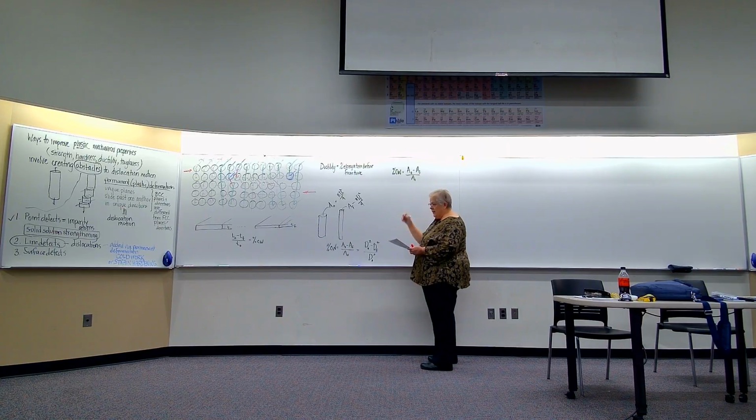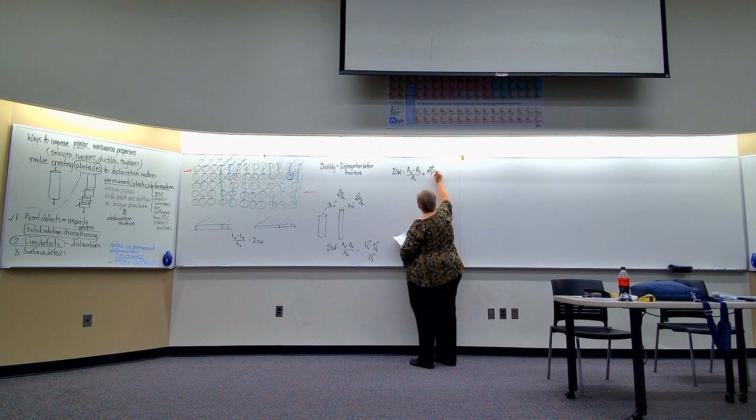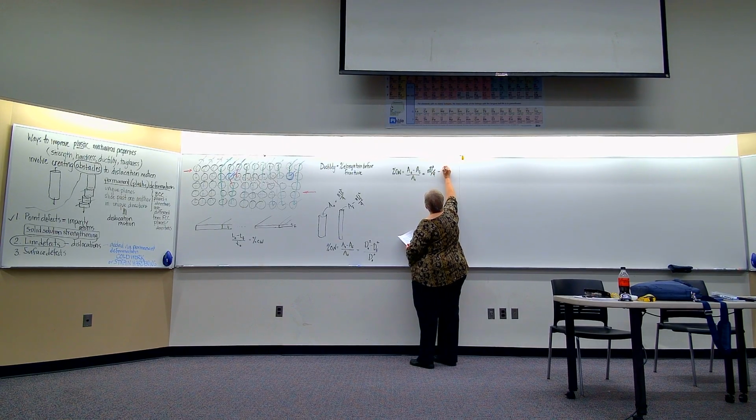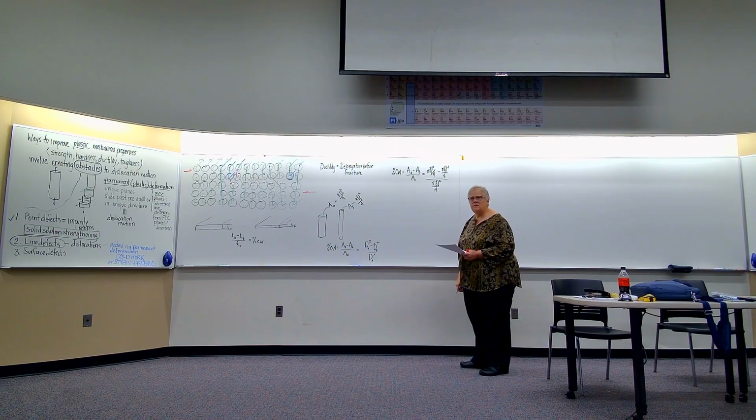We could calculate the cross-sectional areas, or we could write this as pi times the original diameter squared over 4, minus pi times the final diameter squared over 4, all over pi times the original diameter squared over 4. And all those pi's and 4's cancel.